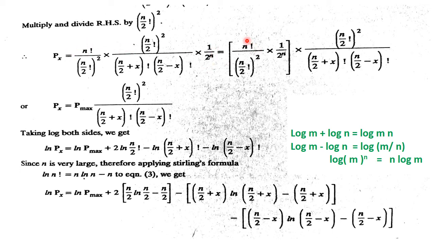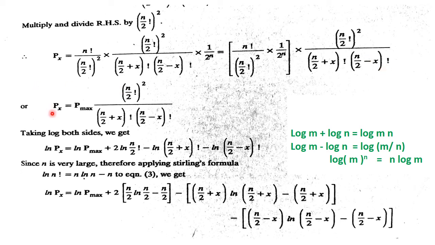Now write this term in one bracket: n factorial upon (n upon 2 factorial) square, multiplied by 1 upon 2 raised to the power n, multiplied by (n upon 2 factorial) square divided by (n upon 2 plus x) factorial into (n upon 2 minus x) factorial.